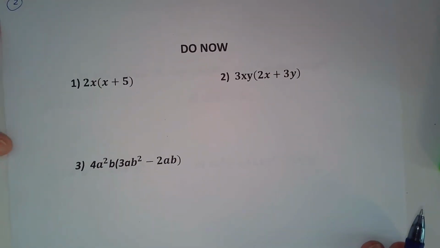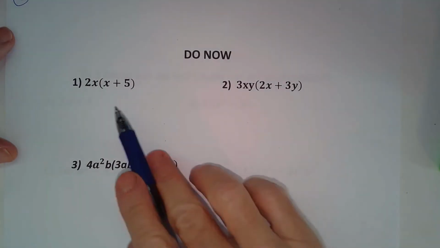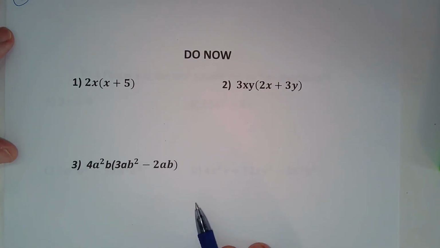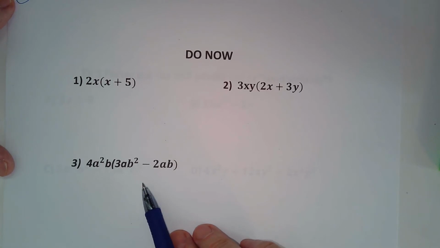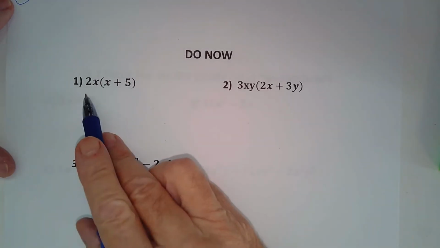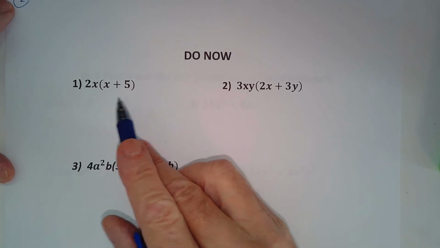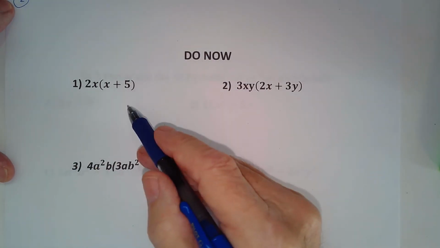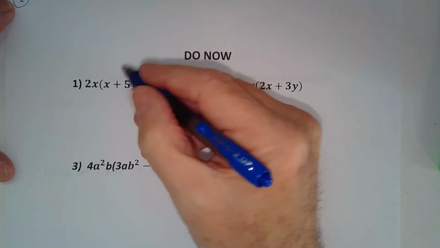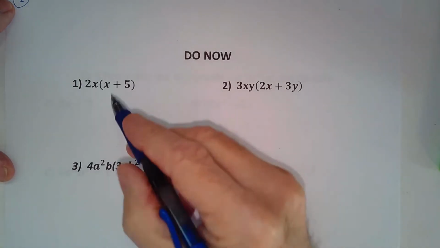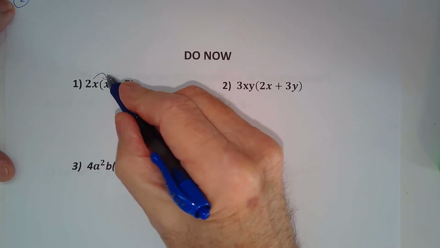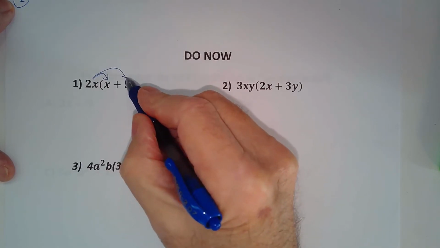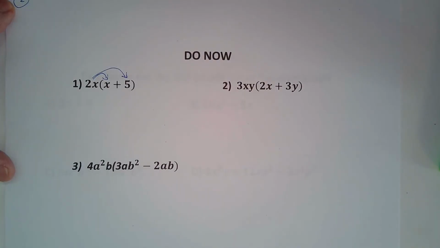All right, so what we're going to do now is just do some simple factoring here. I took these from different places, so I ended up with slightly different fonts. But the first one here that you see, this looks like an ordinary distribution job. So if I were to distribute, I would be distributing the 2x to the x, which means I would be multiplying those together, right?